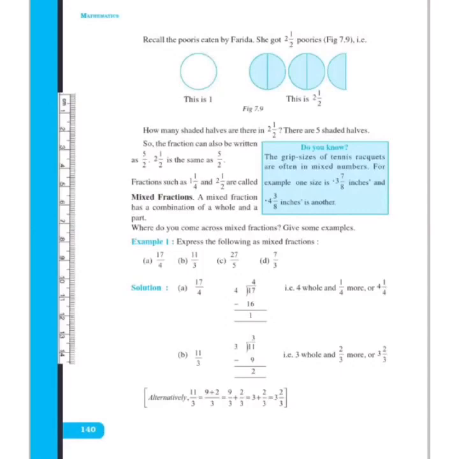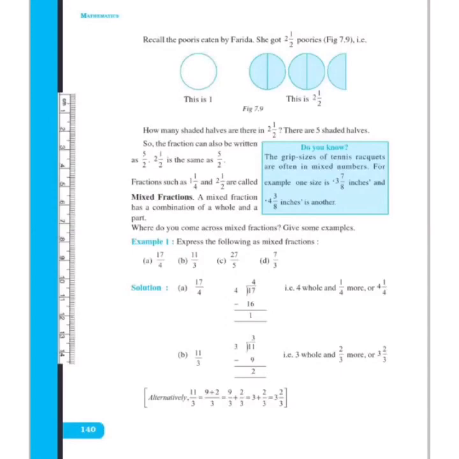So children, how will we write this as a mixed fraction? Let's see. The quotient represents the whole. So we will write 4 as the whole, then the remainder will be written as the numerator and the divisor will be the denominator. And how will you say this? Yes, 4 whole and 1/4. That means 4 whole and 1/4 is the fraction.